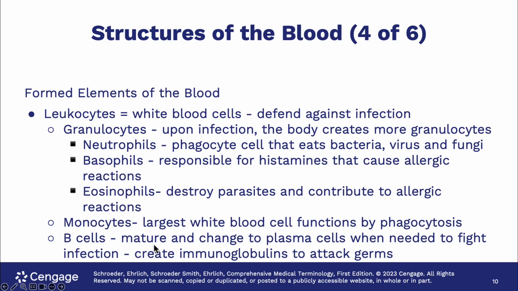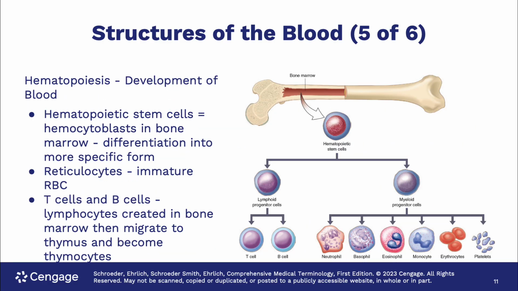And then B cells that mature when you need to fight infection. And they create things like immunoglobulins that will destroy the germs.